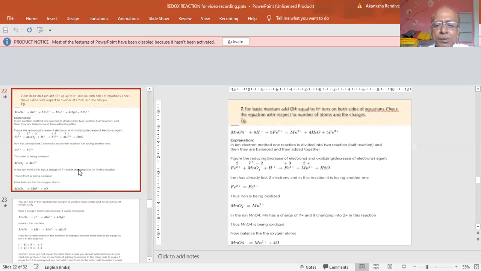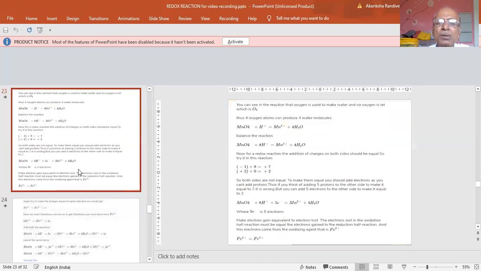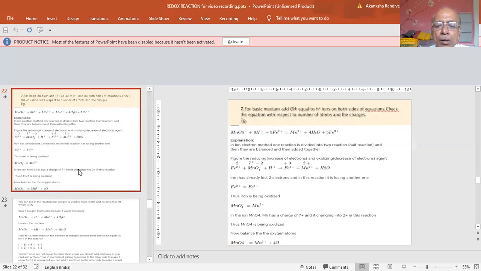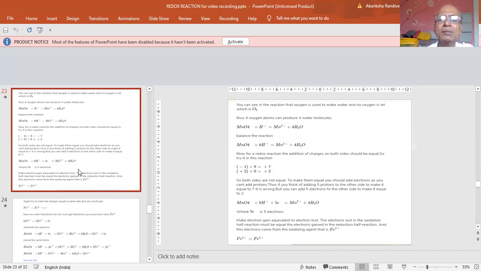Now balance the oxygen atoms. MnO4 minus gives Mn2 plus plus 4 oxygen. Now you can see in the reaction that oxygen is used to make water, and no oxygen is left as O2, and thus 4 oxygen atoms can produce 4 water molecules.